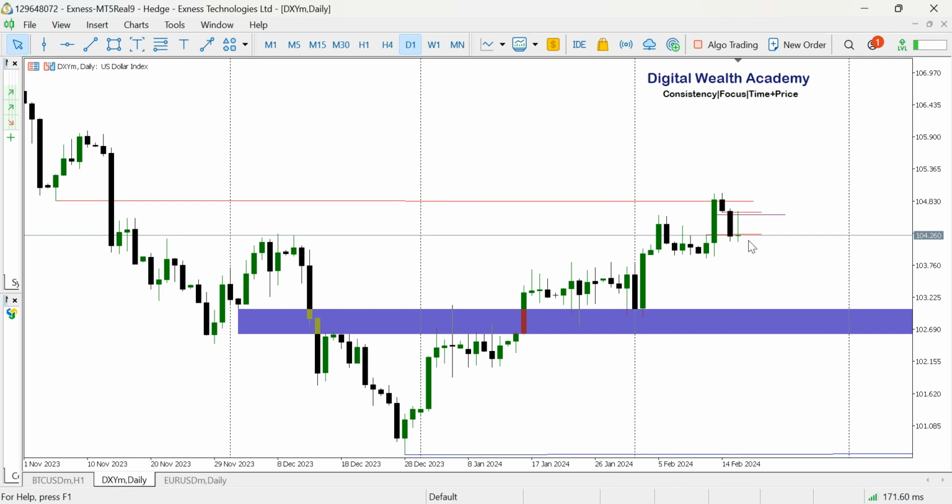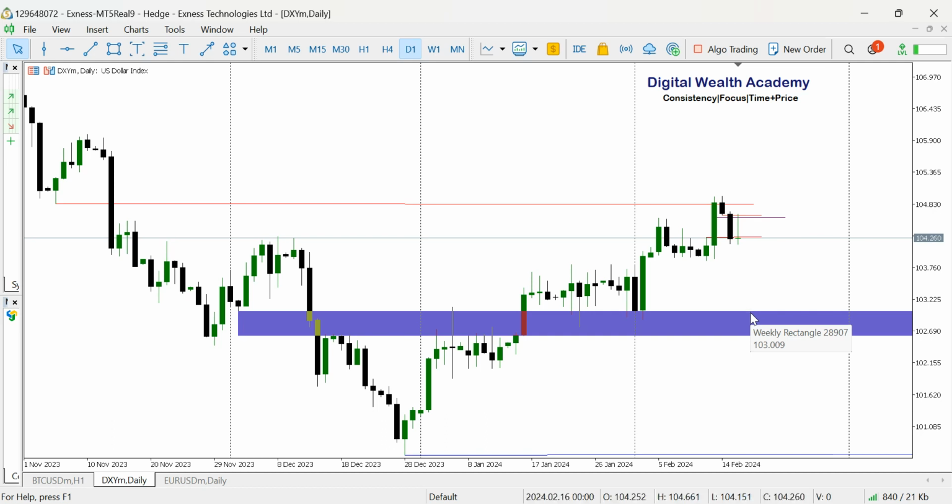But how far can we go? With the current price delivery and impulsiveness, we might not really see it go into the midpoint of the inversion fair value gap, because there is liquidity here. Maybe after we sweep that liquidity, we might retrace before continuation.